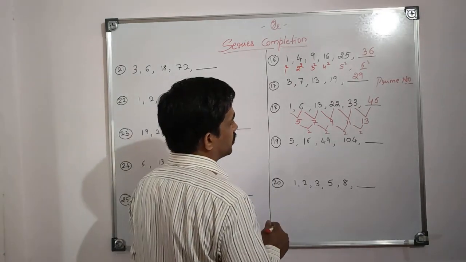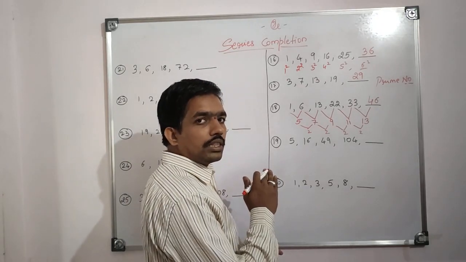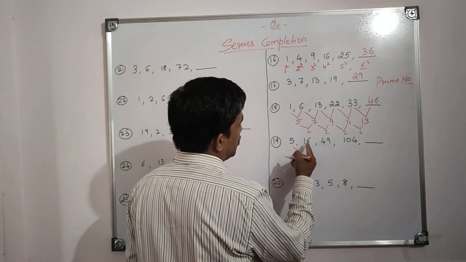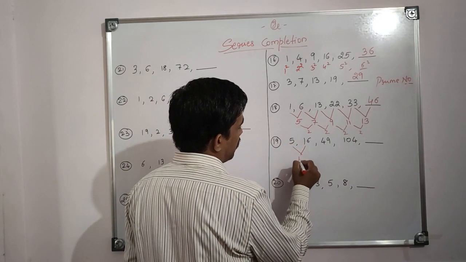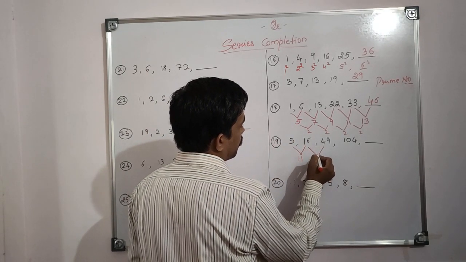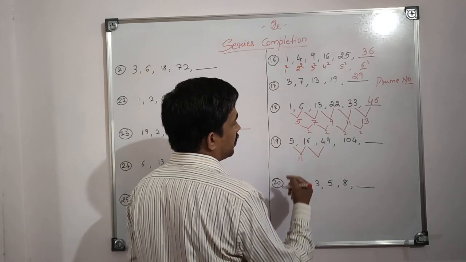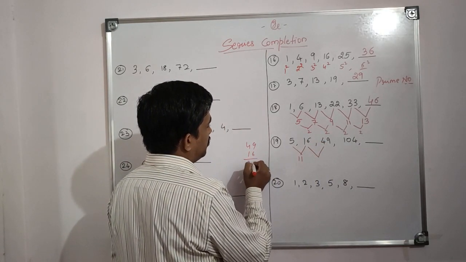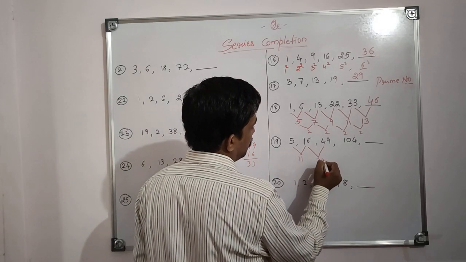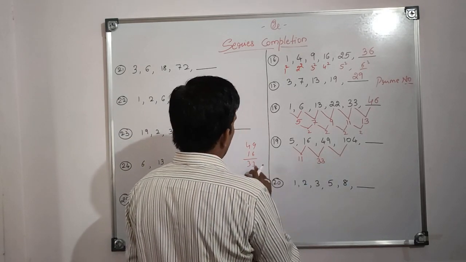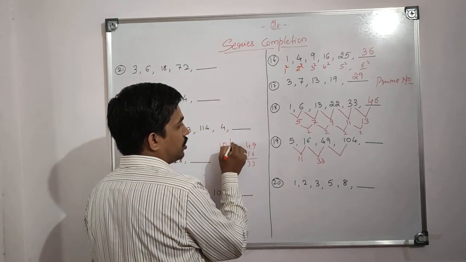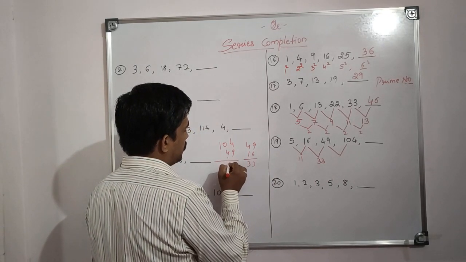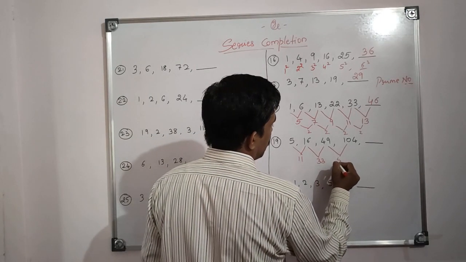And then coming to the next, again first we will see the pattern of differences. 16 minus 5, 11. 49 minus 16, it is 33. And 104 minus 49, 55.